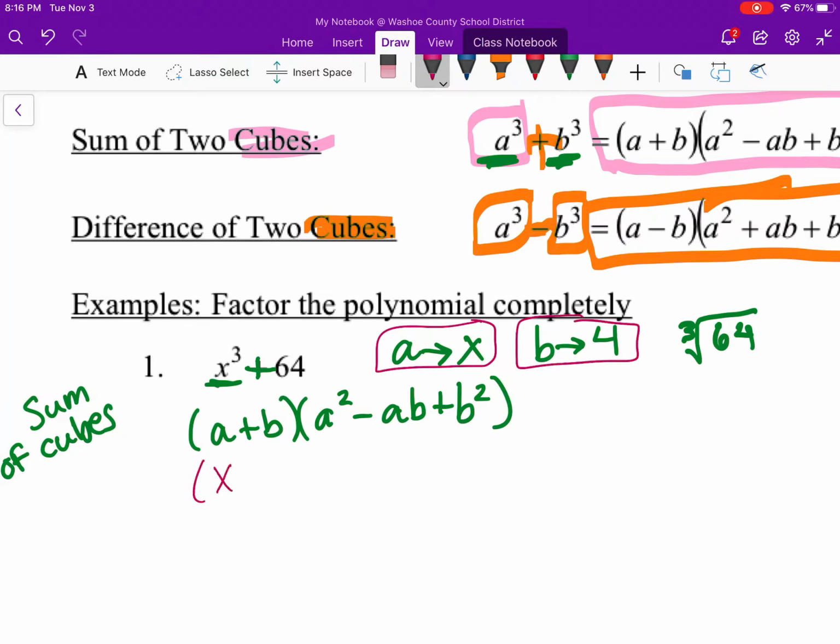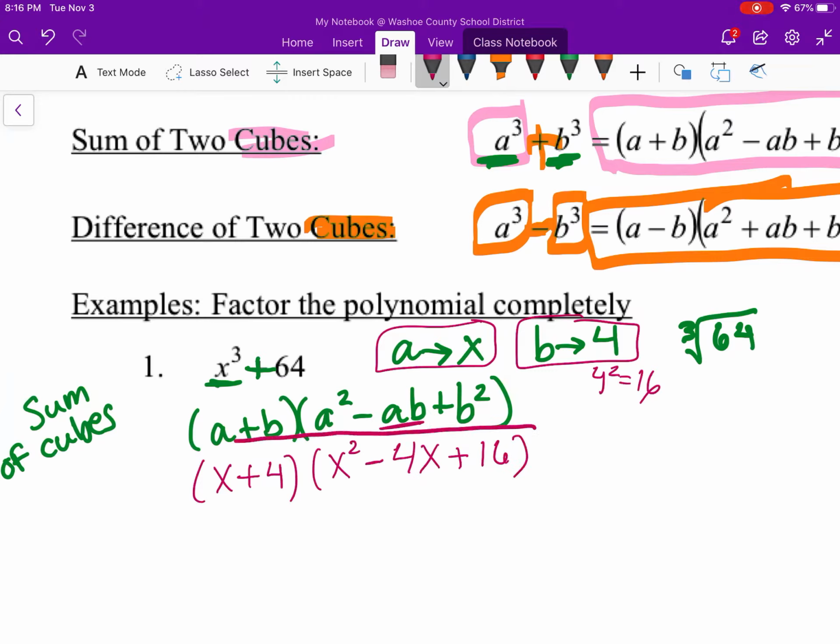So what is A? A is x, plus B is 4. A again is x, but this time I'm going to square it, minus A times B would be x times 4. And usually we would like to write that as 4x, plus, and then B squared. So B squared would be 16.